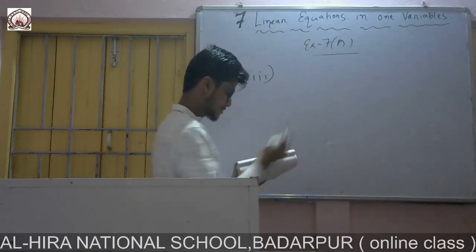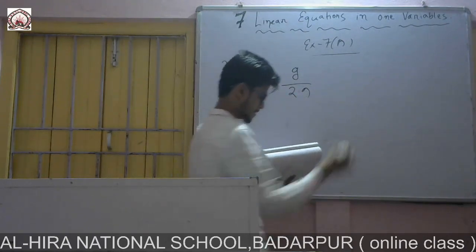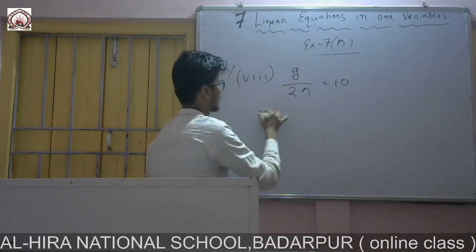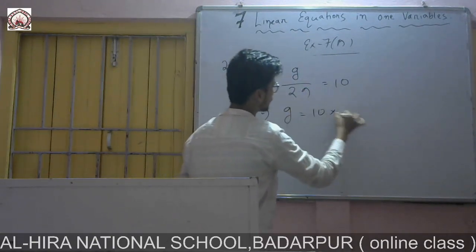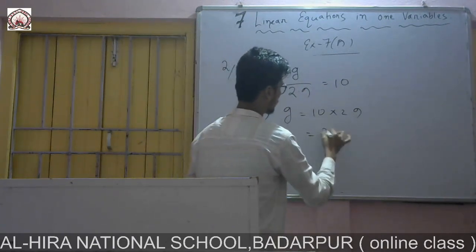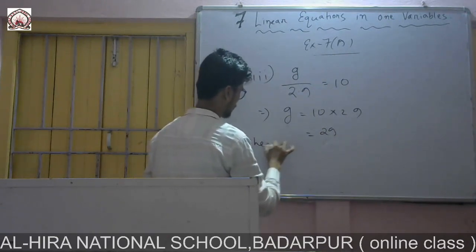Roman number 8 you see, g by 2.9 equals to 10. So like earlier, it is given divide, that means I have to multiply with 2.9. So answer will be 29. So now I have to check whether it is correct or not.